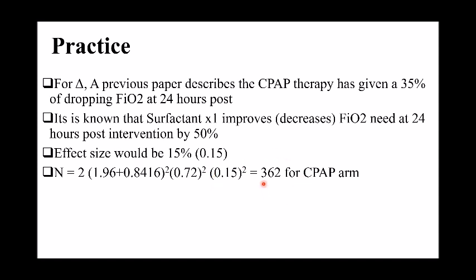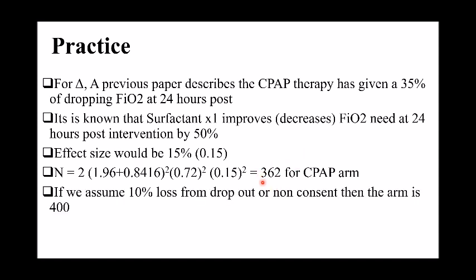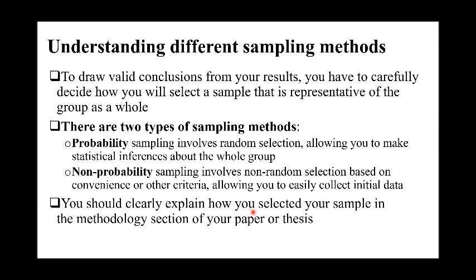So the sample size is 362 for the CPAP arm and 362 for the surfactant arm. Now we know that 10% of our population from previous studies will be lost due to non-consent, death, discharge, or transfer, which means that we need a sample size of 400 for CPAP and 400 for surfactant.